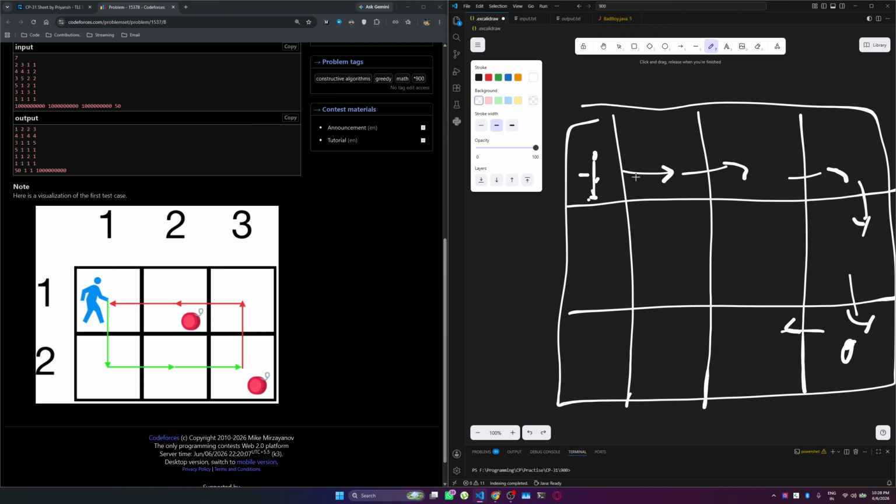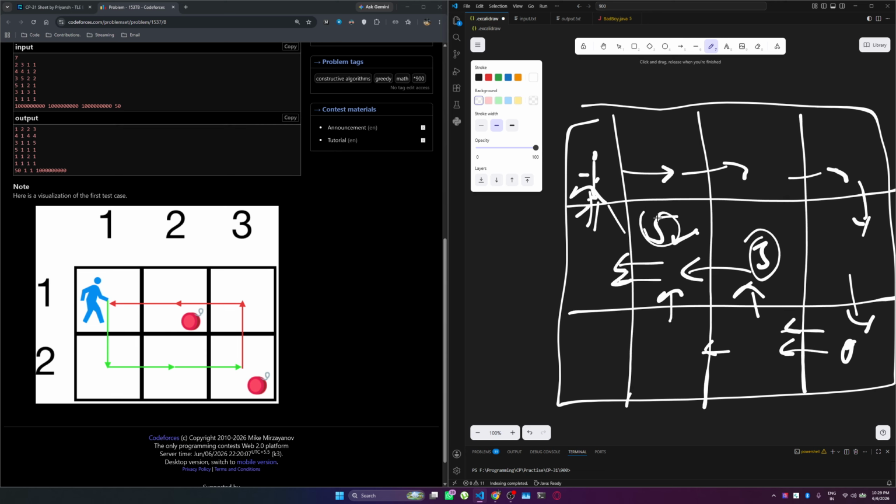So let's calculate: one, two, three, four, and five. This one took five. If we go through here, one, two, three, four, five. This also took five. And if we go through here, one, two, three, four, five. It takes the same number of steps. For n equals 3 and m equals 4, it still takes the same amount.